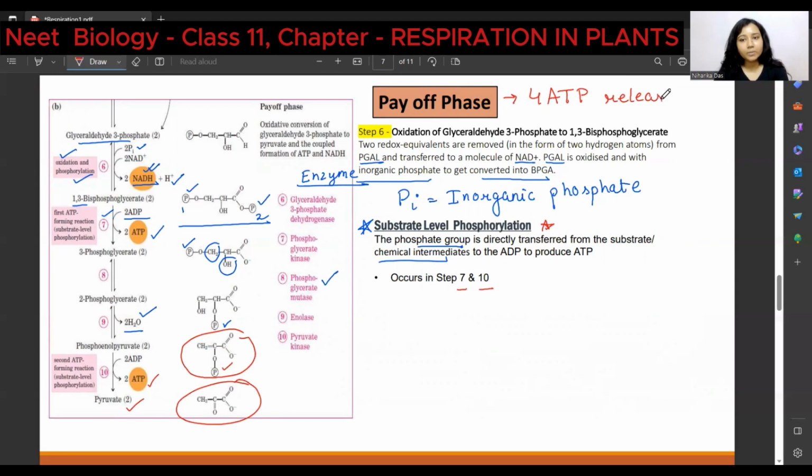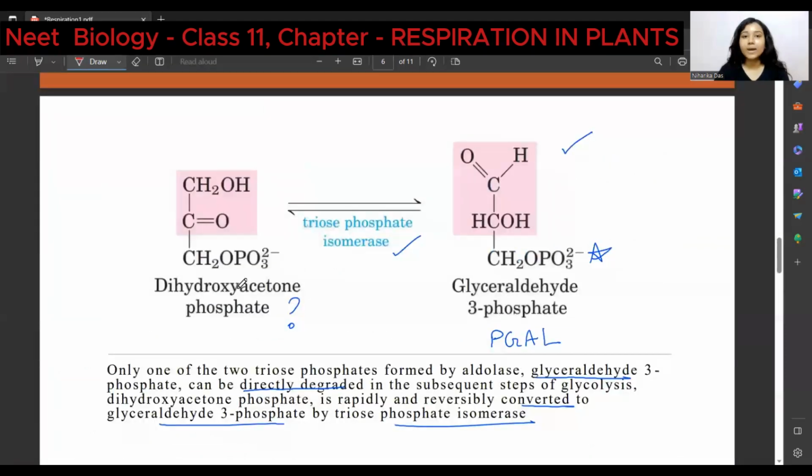How 4 ATP? We can see ATP is released in step 7 and step 10, right? So 4 ATP in total. Why is it taking place twice? Why is the whole payoff phase taking place twice? Because dihydroxyacetone is converting into glyceraldehyde 3-phosphate.